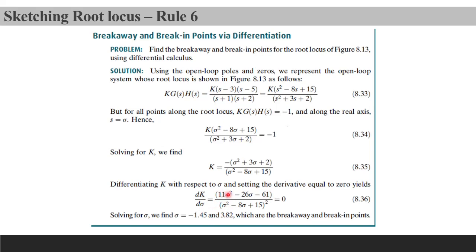We have a value sigma here, so let's consider it like s. In the last case it was sigma here. So when I find out the values of sigma, it's a quadratic equation. I'll get two values, a negative one and a positive one, and the negative one indicates the breakaway point and the positive one indicates the break-in point, right?